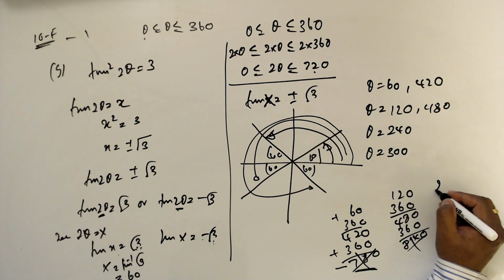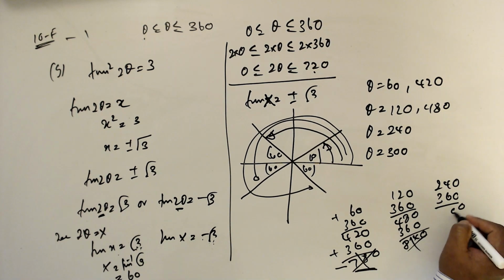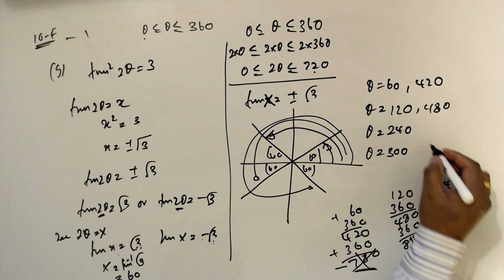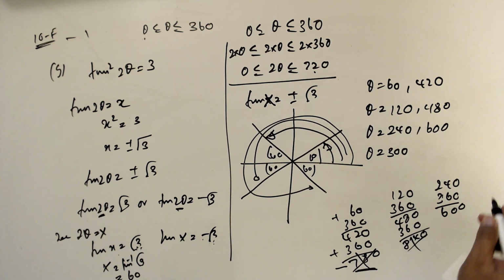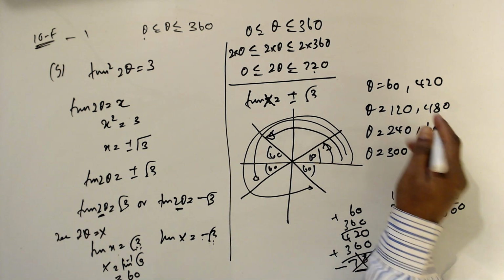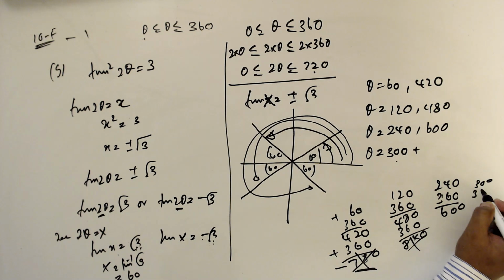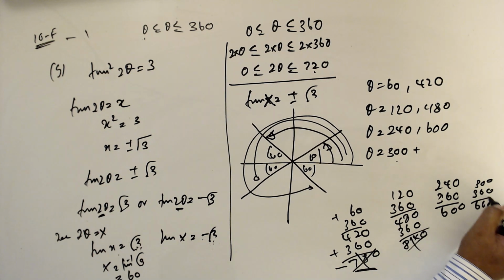Then 240 plus 360 is 600, and we don't need to add 360 again because that is already out of range. And 300 plus 360 is 660.